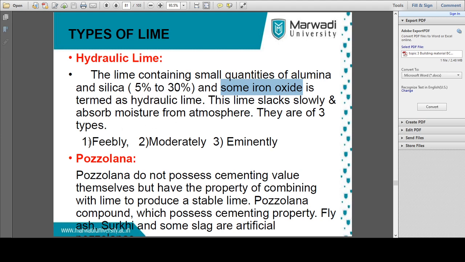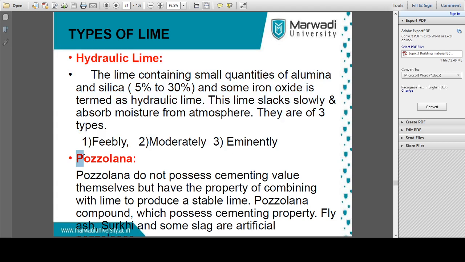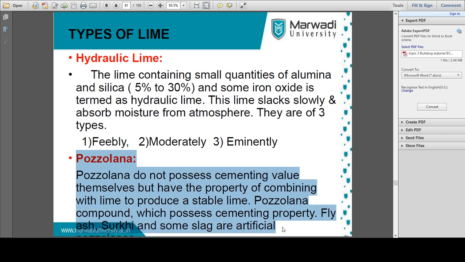If there is very little clay it is feebly, a medium amount of clay is moderately, and more clay is eminently, right? So this is the sub-classification of hydraulic lime. You don't need to remember pozzolana, it is beyond the syllabus.